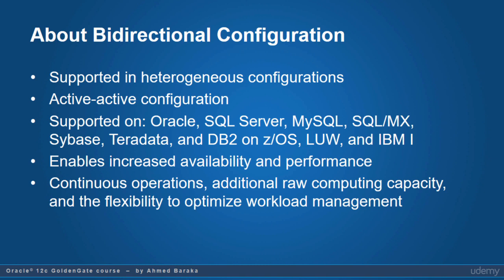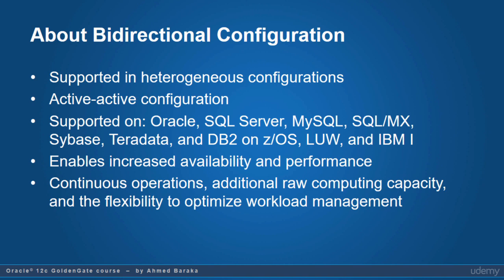The bidirectional configuration in Oracle GoldenGate is supported in heterogeneous configurations. It represents an active-active replication among the databases. It is supported in the databases Oracle, SQL Server, MySQL, SQL/MX, Sybase, Teradata, and DB2. This configuration increases the availability and the performance of your system.